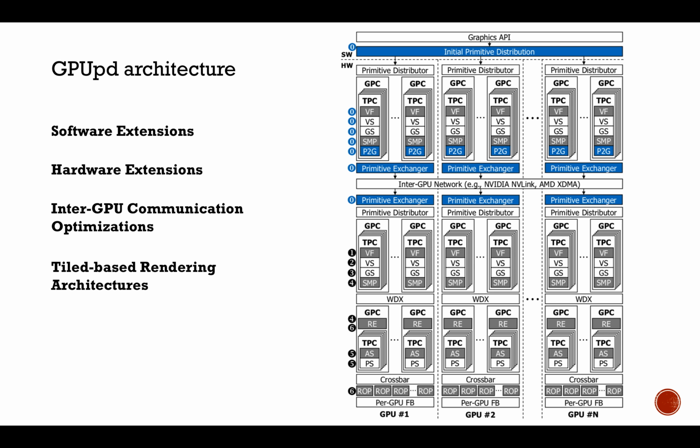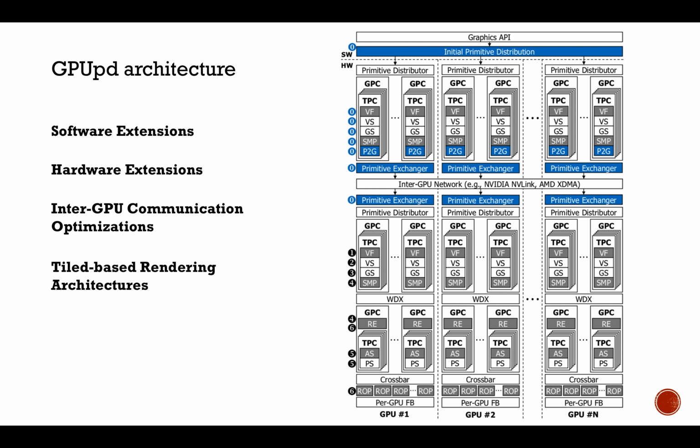Secondly, to avoid large implementation costs, GPUpd adds a primitive exchanger, PE unit, to each GPU. PE units exchange primitive IDs between them by exploiting the way the extended API runtime distributes primitives to GPUs to eliminate the need for large on-chip storage.